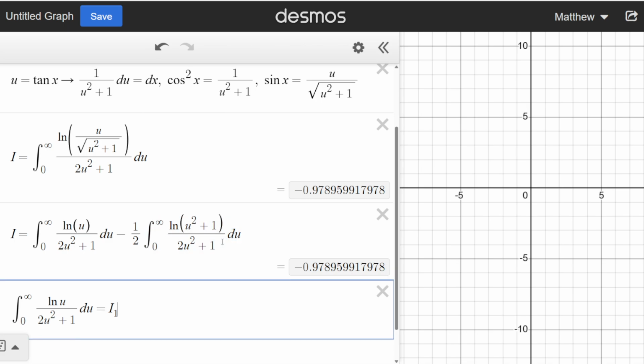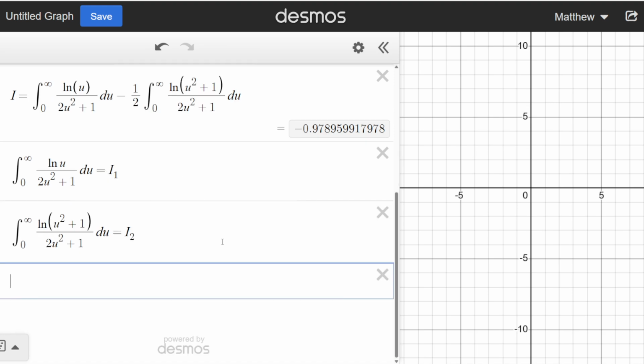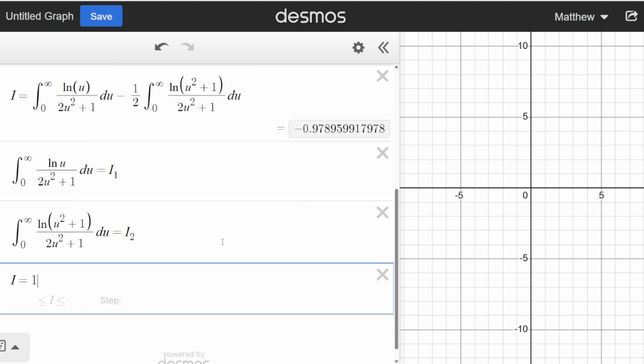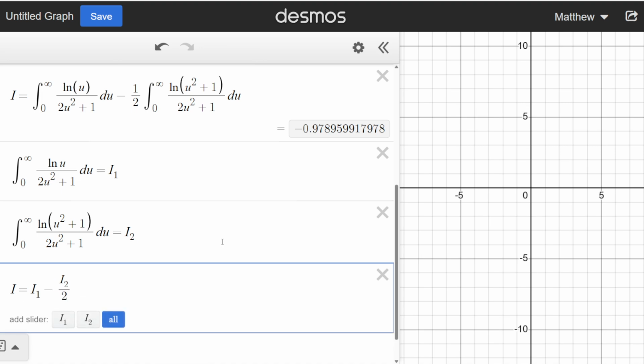And then we'll call I2 equal to this integral. So now our original target integral is just going to be I1 minus I2 over 2. Okay, let me switch this.